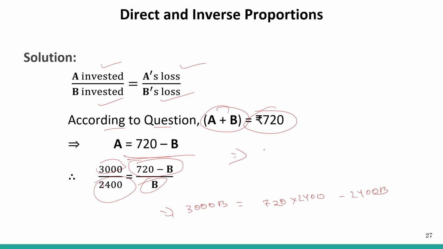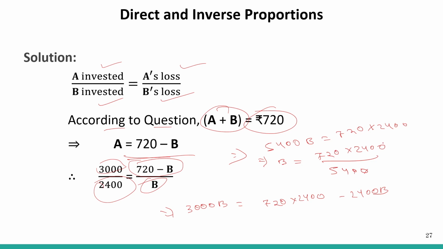This will become 5400B. Okay, 5400B is equal to 720 into 2400. So this implies that B is equal to 720 into 2400 by 5400.